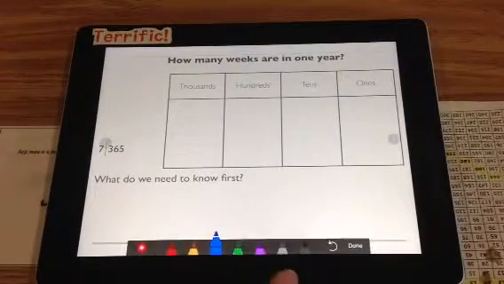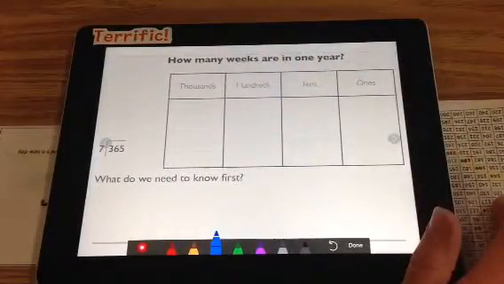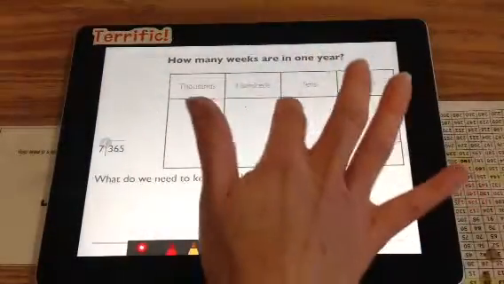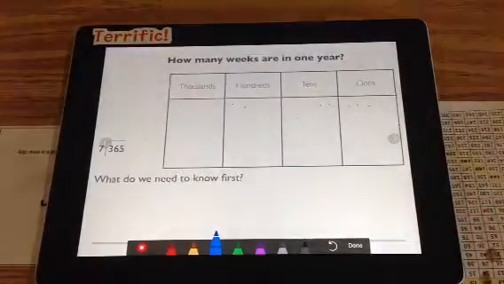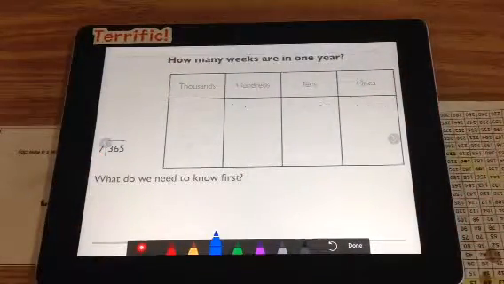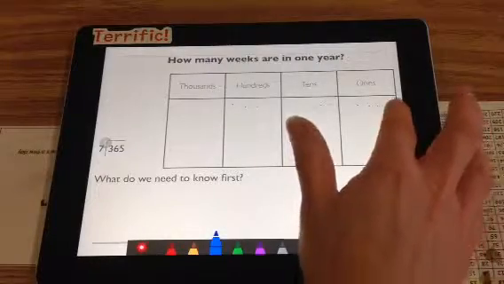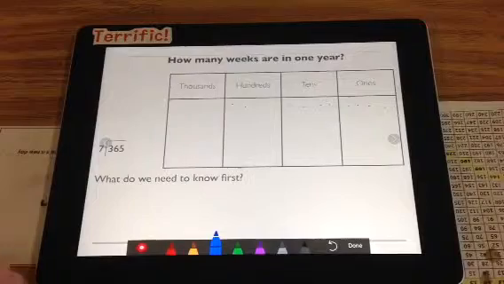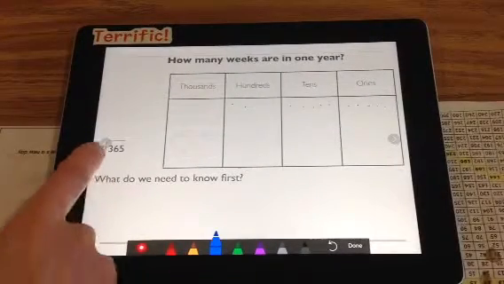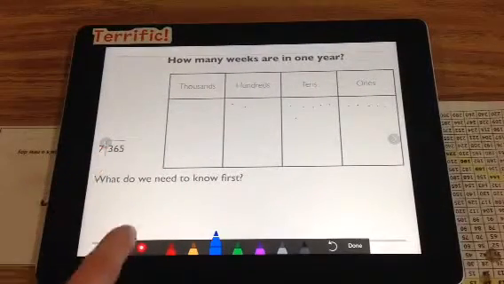Now you can put out your whole 365 and then cut it into 7 groups. It's a lot of groups to cut it into. I'm going to do it without cutting it into groups, but if you want to cut it, that's fine. So I would say to myself, I have 300s.